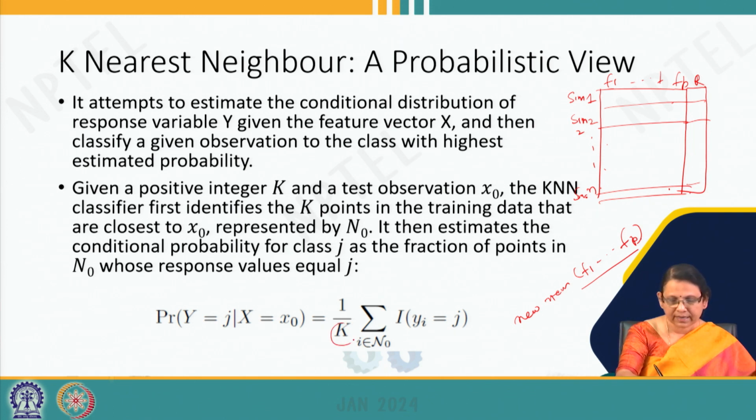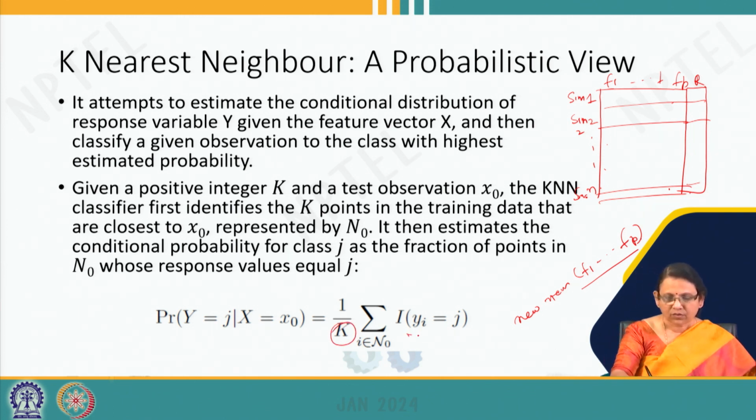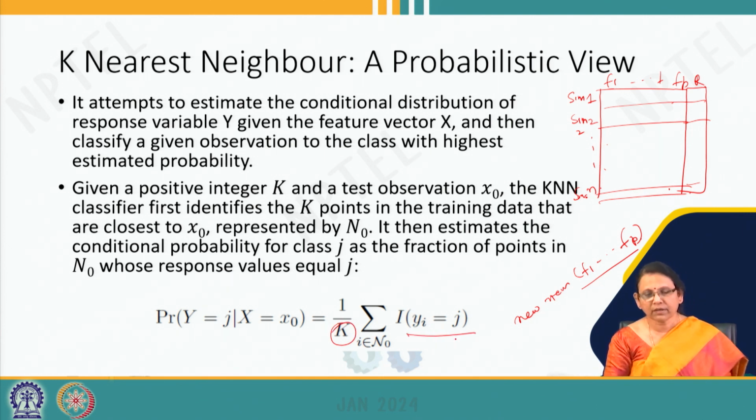In other words, if you have a total of k neighbors, you count those where the value of the response variable is some j.